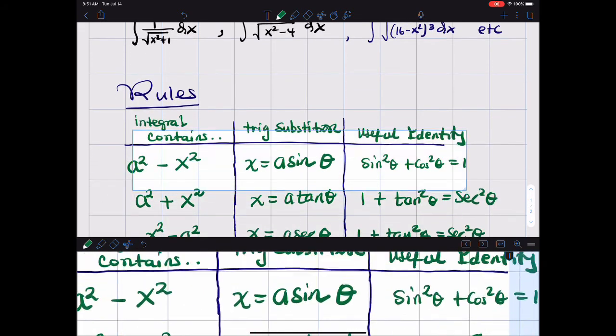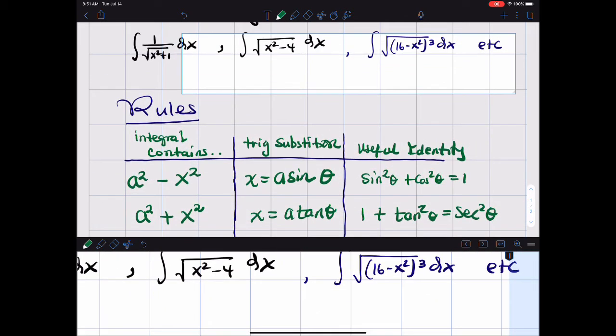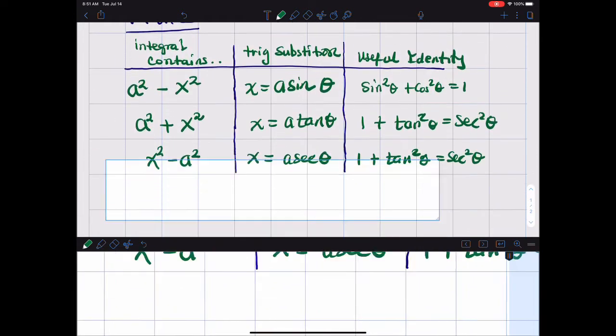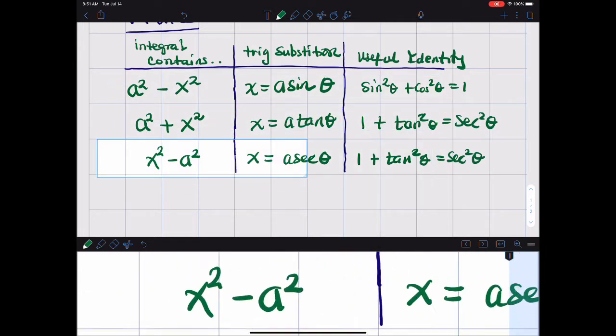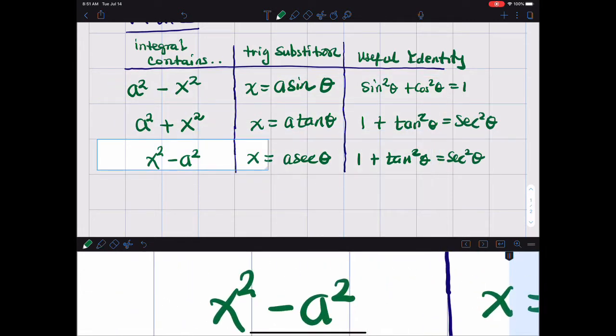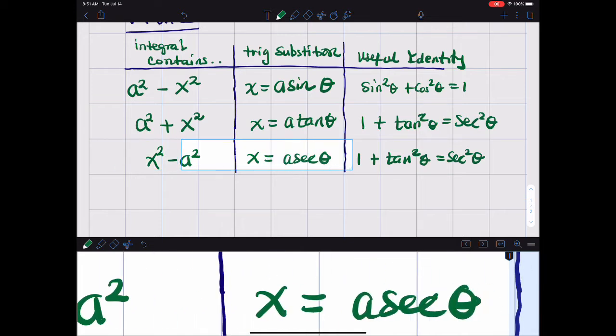Then the second integral, square root of x squared minus 4, you can think of it as x squared minus 2 squared, or x squared minus a squared. And this is the kind of trig substitution we use. So this is where the name comes from, because it's a trig substitution. You're substituting a trig function for x.